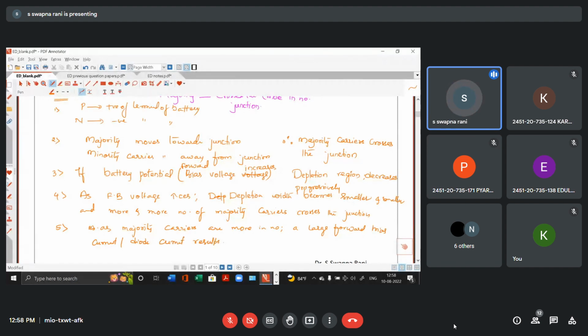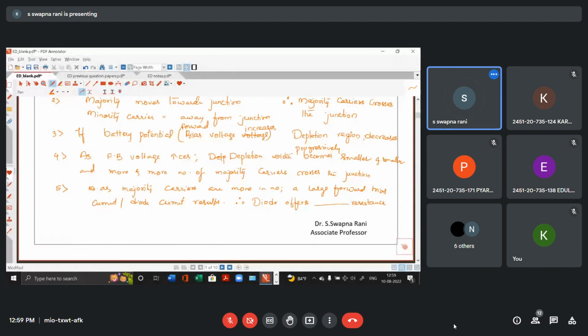Okay, what about the resistance? You have to fill this dash. Since current is more, what happens to resistance? Less. Yes, RF.